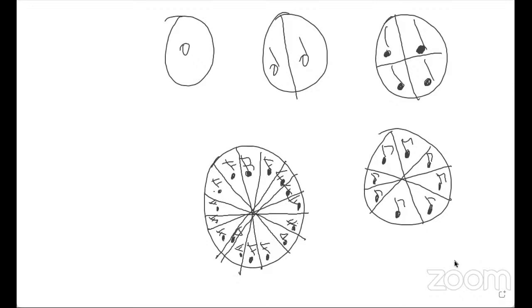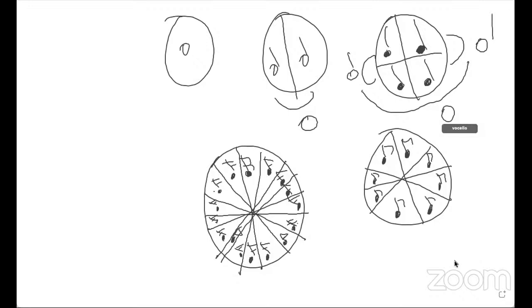whole note is equal to 2 half notes. Each half note is equal to 2 quarter notes. And 2 half notes are equal to 1 whole note. 2 eighth notes are equal to 1 quarter note.